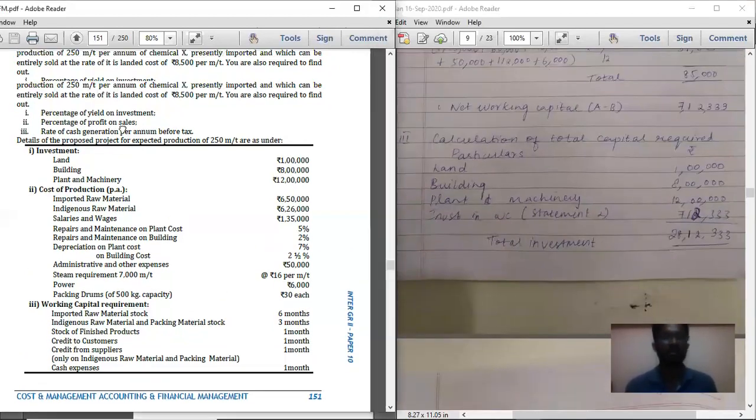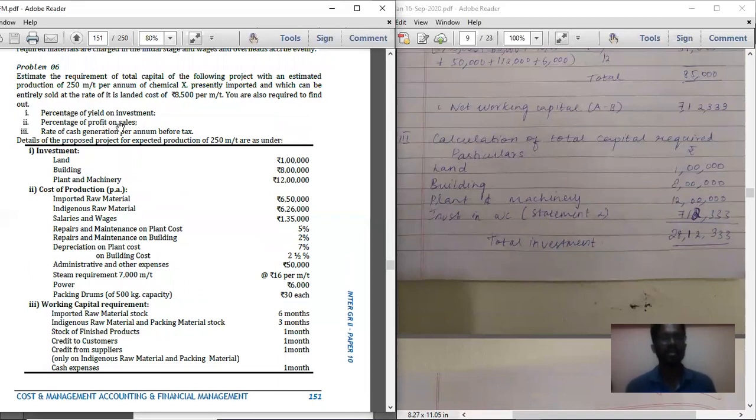So what are the three formulas which they have asked? Percentage of yield on investment, percentage of profit on sales, and rate of cash generation per annum before tax. For calculating these percentages, you need total investment value, the yield value, the sales value, the profit, and the total cash generated.